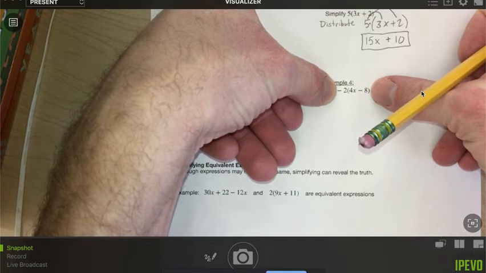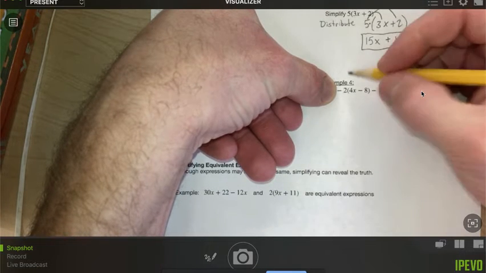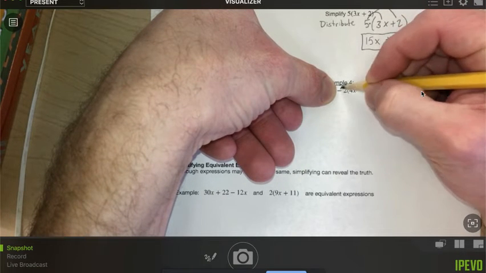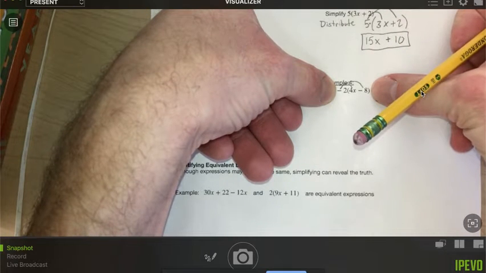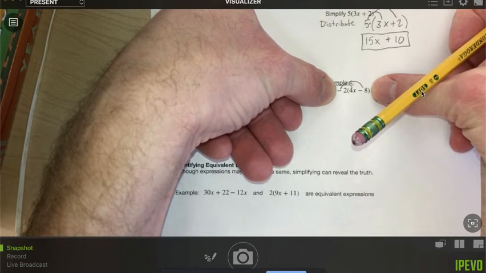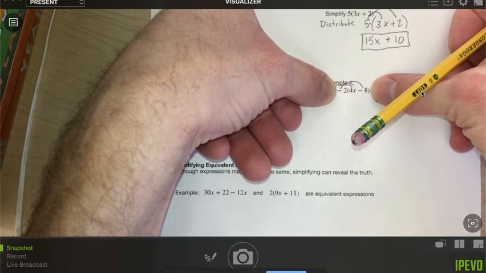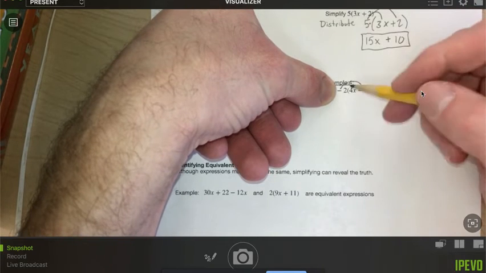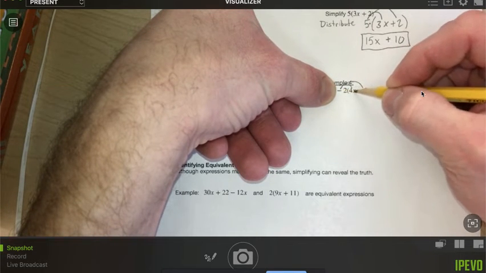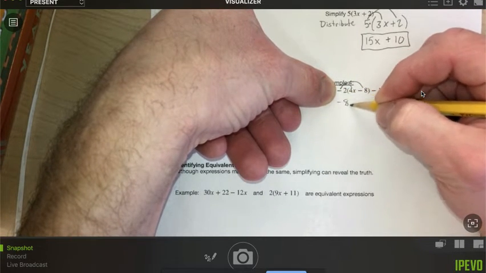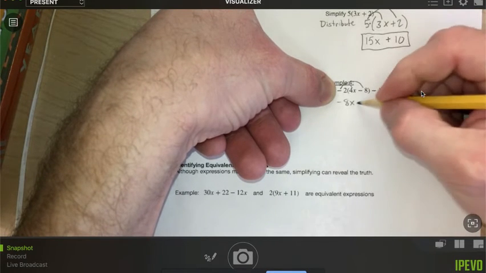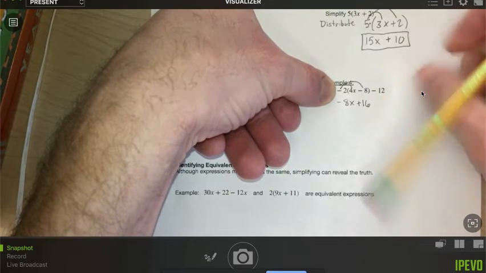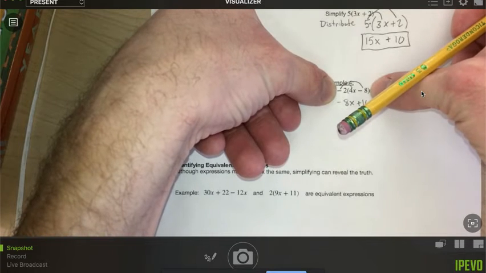So when I see that -2 outside, I'm thinking, what's -2 times 4x, and what's -2 times -8? So when I have that subtraction, I'm really thinking of them as negatives when I'm performing my operation. So -2 times 4x is really -8x. And -2 times -8 is really +16. And so now I've dealt with my multiplication.